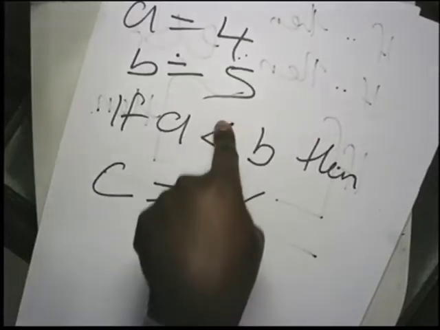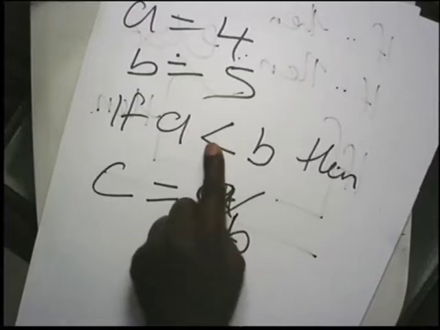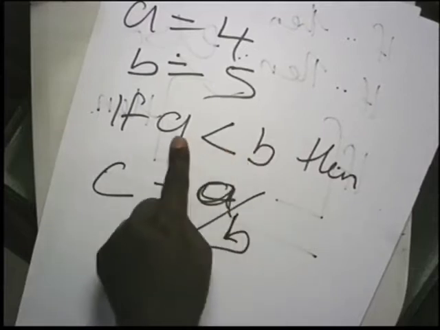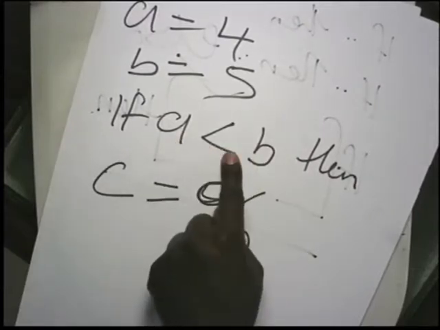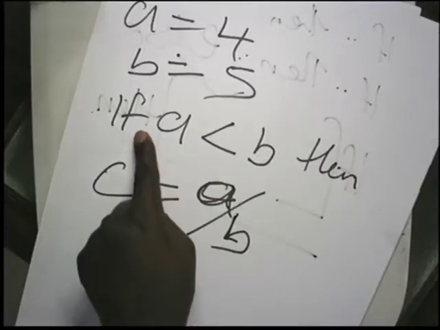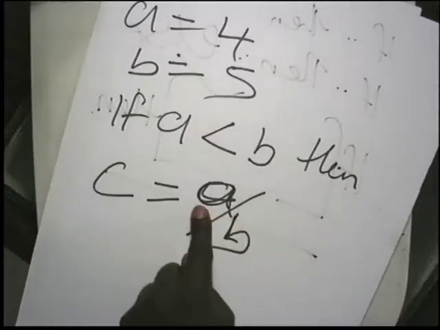It's going to happen depending on this condition, whether it is true or false. The computer tests this condition. If the condition is true, then this is what the computer will do. If the condition is not true, the computer will ignore this.